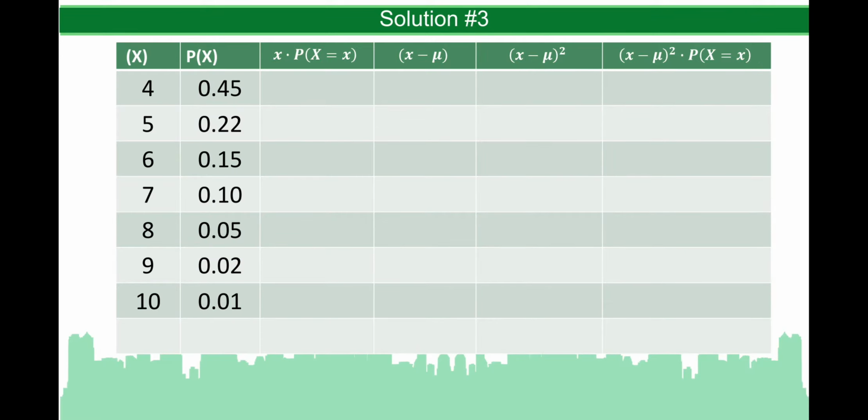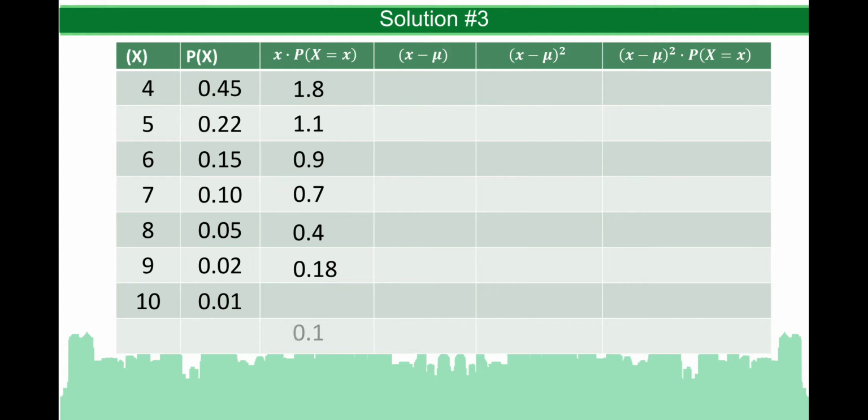To find the mean, variance and standard deviation, let's compute the third column, that is, multiplying the value of x and the probability. That's 4 times 0.45 is equal to 1.8. 5 times 0.22 is equal to 1.1. 6 times 0.15 is equal to 0.9. 7 times 0.10 is equal to 0.7. 8 times 0.05 is 0.4. 9 times 0.02 is 0.18.